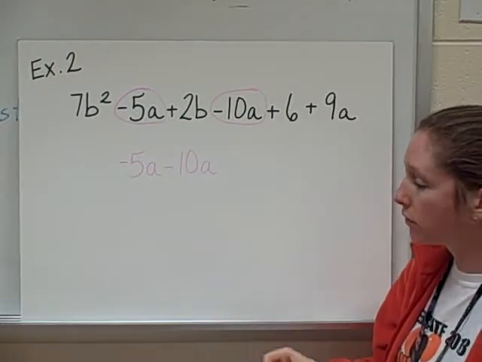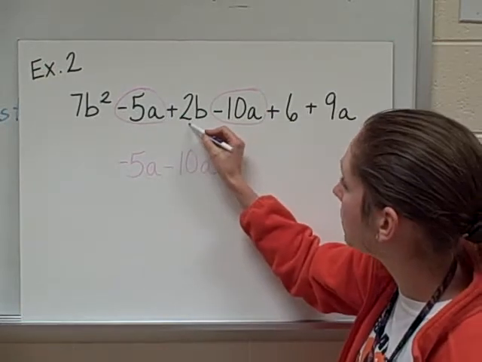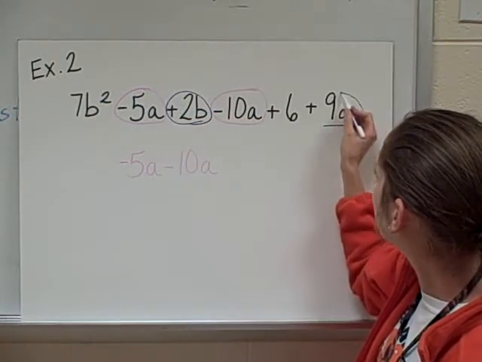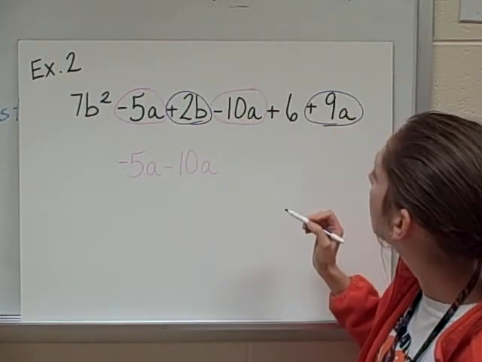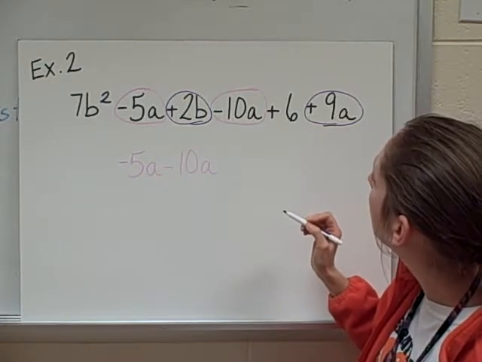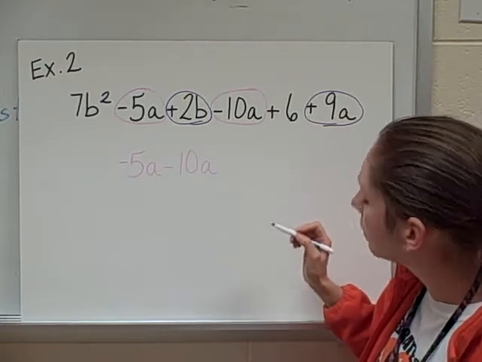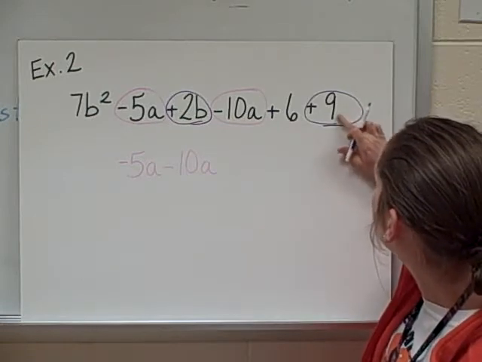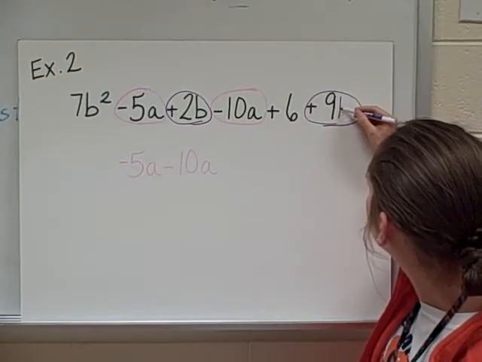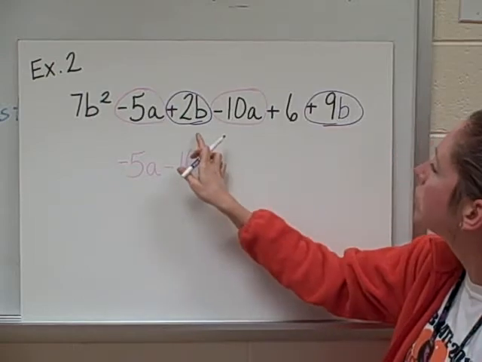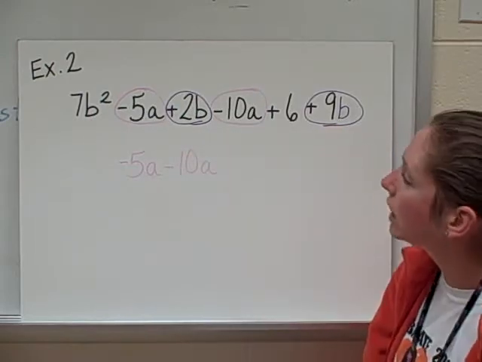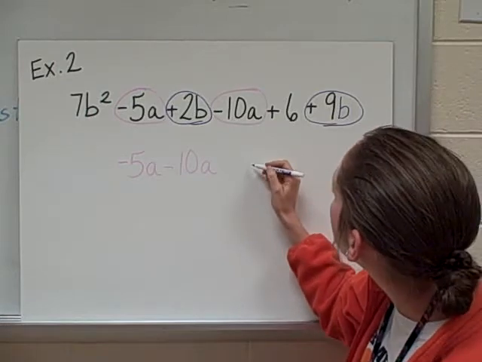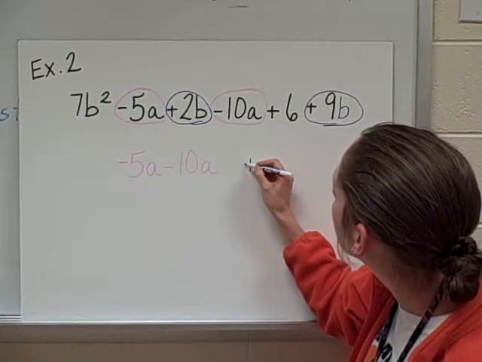I also have a plus 2b and a plus, oh shoot, oh, excuse me, sorry guys, this one should be a b. Okay, plus 2b and a plus 9b. Okay, so those two things can combine because they both have the same letter. So let's write those together.